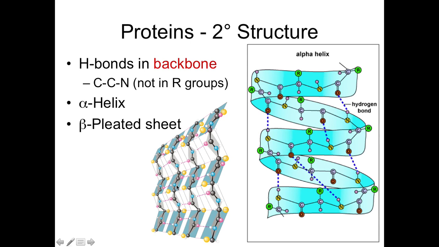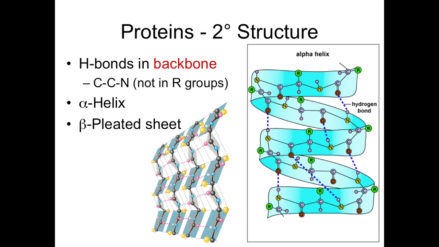In a beta-pleated sheet, instead of taking on a helical configuration, you get these sheets. And sometimes it's contiguous pieces of the protein where they're all right next to each other, but sometimes it's not. Sometimes you'll get a piece of protein and then another piece will go do some alpha helix or a hairpin loop, and then it'll come back and you'll get another piece that forms the beta-pleated sheet with it.